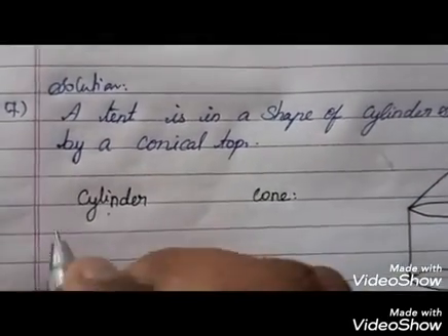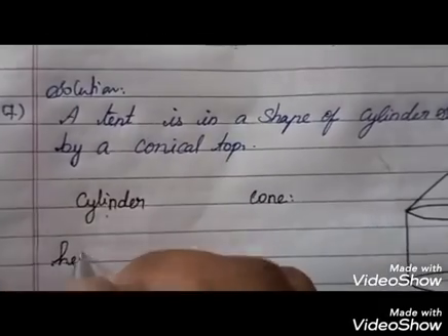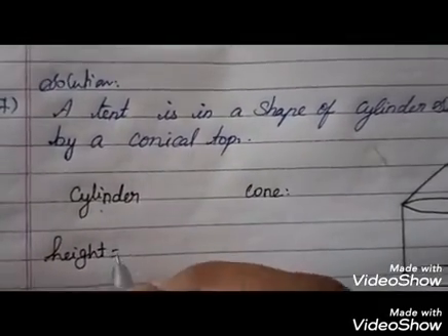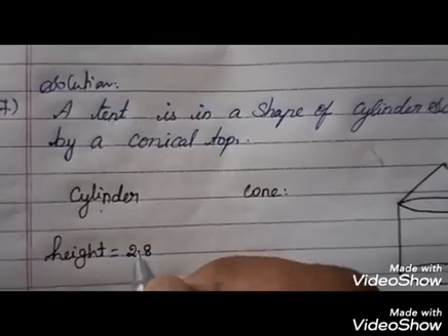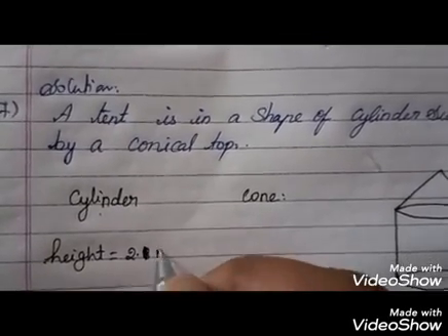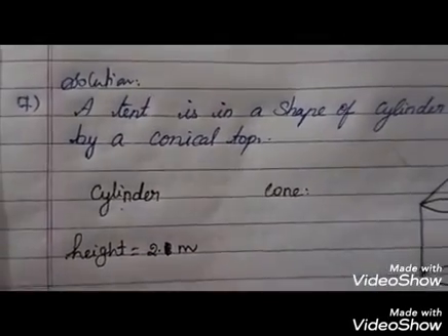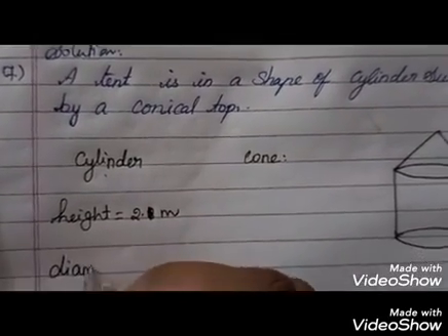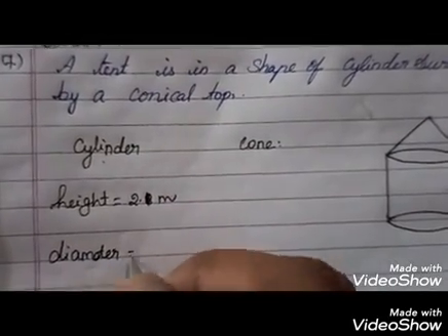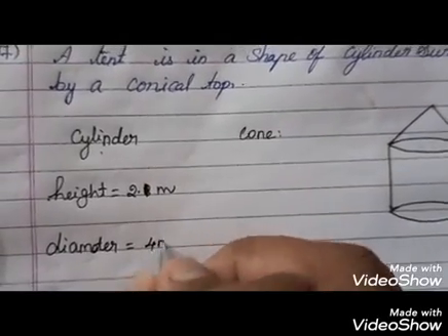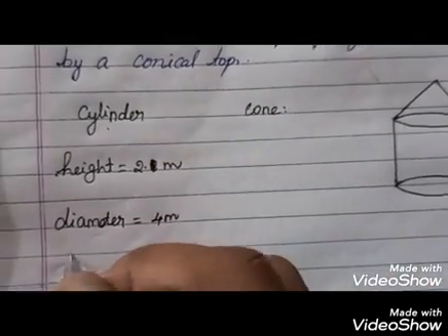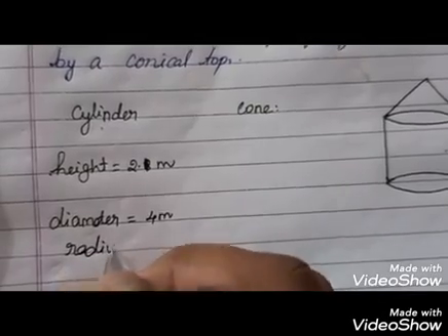Height which is equal to 2.1 meter and diameter which is equal to 4 meter. So diameter means radius which is equal to half of the diameter, 4 by 2 which is equal to 2 meter.